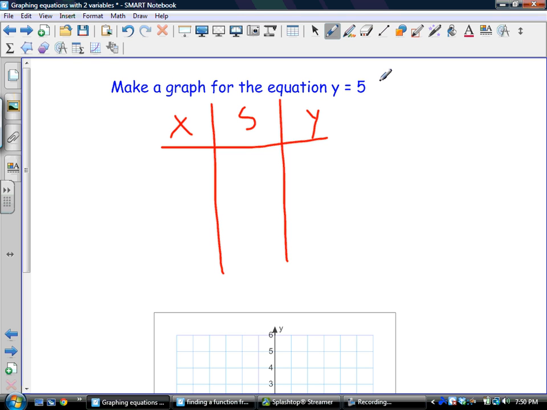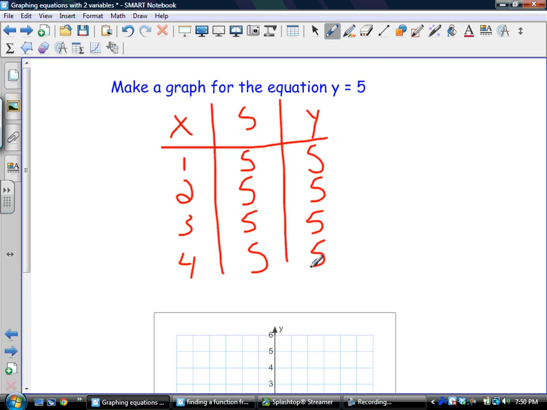So it doesn't matter what numbers I put in for x, it's always just going to be 5. That's never going to change. So my y value will always be 5.